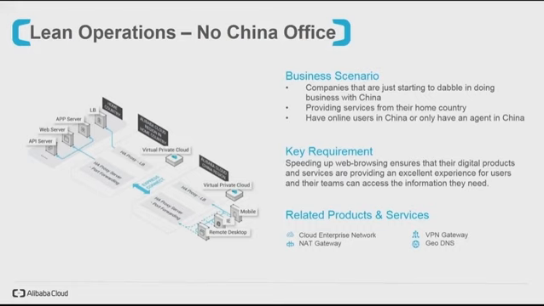What you want to do is speed up the web browsing so that any digital products or content browsing that people are doing, they have a good experience, otherwise they won't come back again. And this is where we use our Express Connect service, connecting our data centers in Sydney to our data centers in China to make sure that you get that performance.